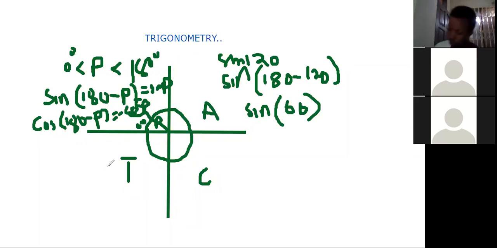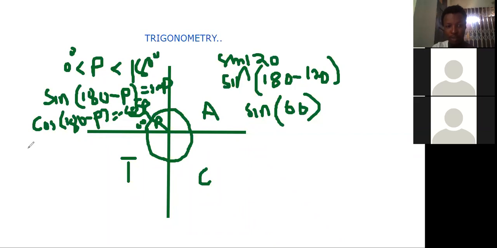In the third quadrant, P will be greater than 180 but less than 270. That you already know. So in the third quadrant, tan is positive.